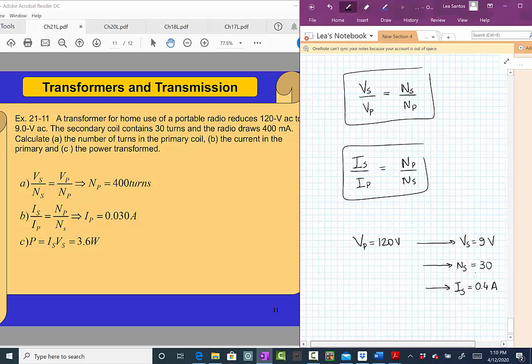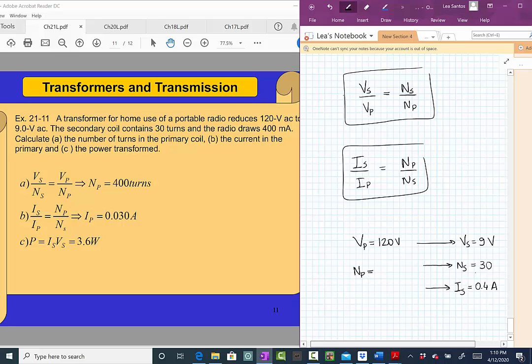So now come the questions. Part A, calculate the number of turns in the primary. So the question here is, what is the number of turns in the primary? What do you think? Is it going to be more or less? Of course, think a little bit, but I'm going for the answer. Of course, it has to be more, right?